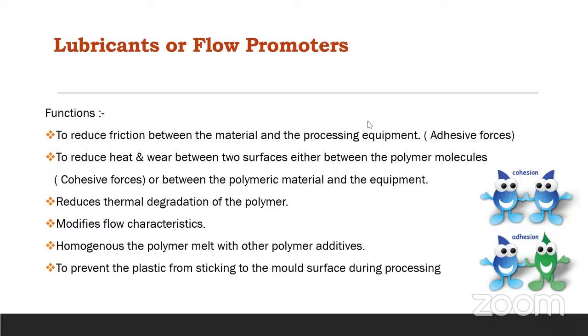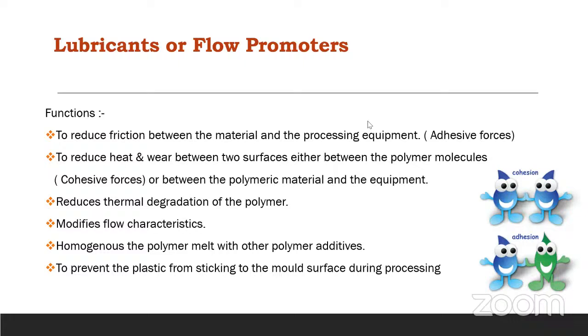This lubricant will have a higher resistance to heat, so that when we melt, it will not react at our processing temperatures. It acts as a separate film between the polymers. As I previously mentioned, one of the requirements of additives is that the additive should be thermally stable at whatever temperature it is going to be processed.